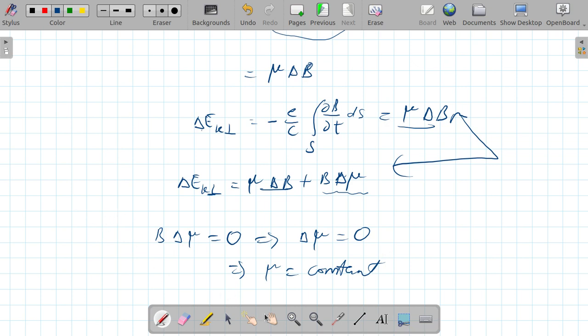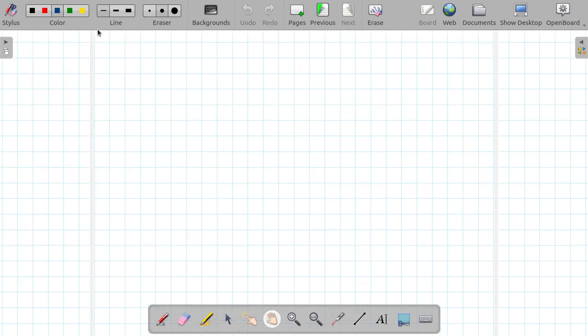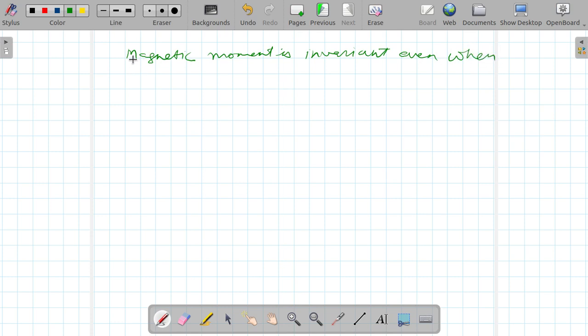This indicates that magnetic moment is invariant, magnetic moment is invariant even when particles are accelerated in electric field.